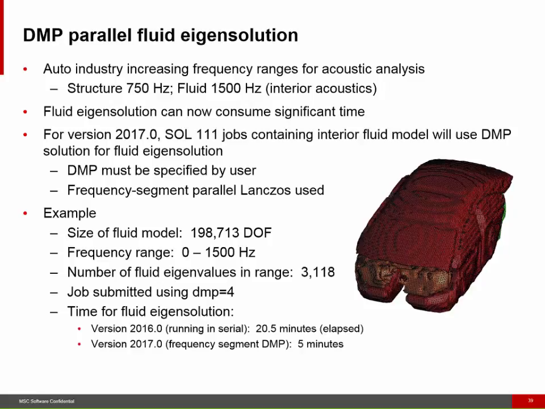Here's one example. The size of this fluid model is around 200,000 degrees of freedom, but there's a very large frequency interval resulting in several thousands of eigenmodes. In this case, over 3,000 modes. So when going from a serial to a DMP4 solution, we actually reduce the time spent in solving the eigenmodes for the fluid by a factor of 4.